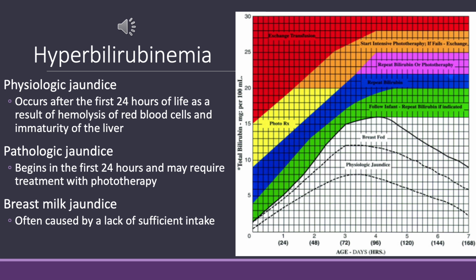Most facilities follow guidelines from the American Academy of Pediatrics, which determines what kind of intervention is necessary dependent on the bilirubin levels of the newborn at specific time of life.